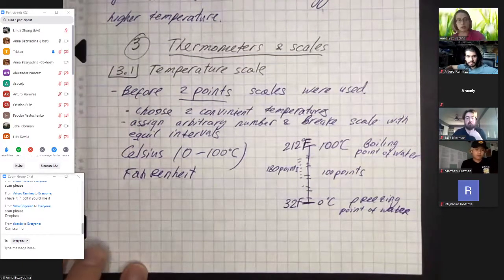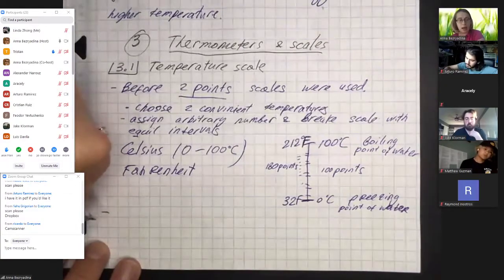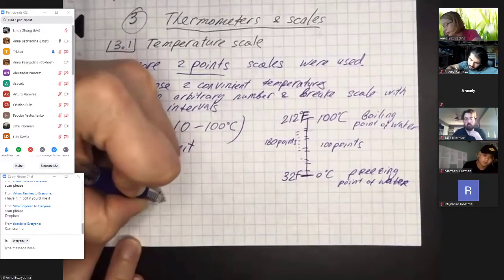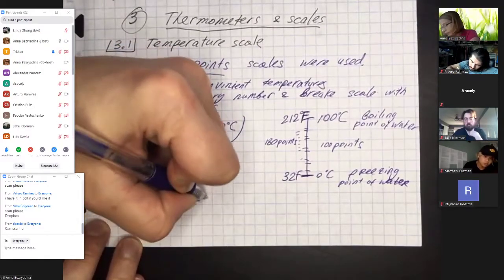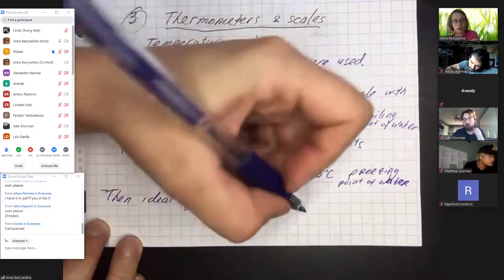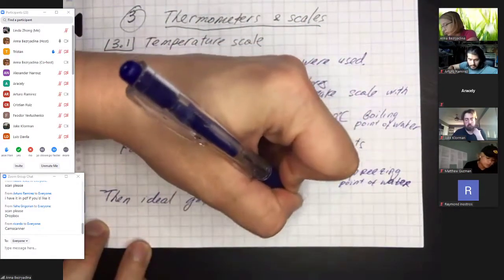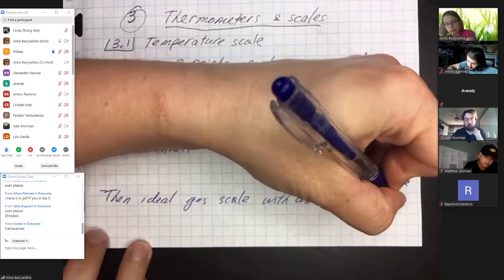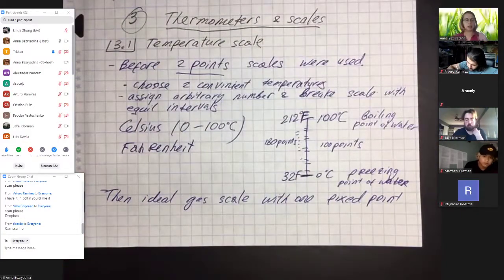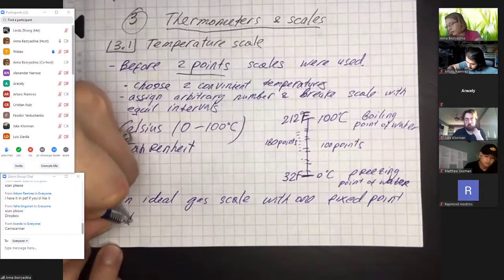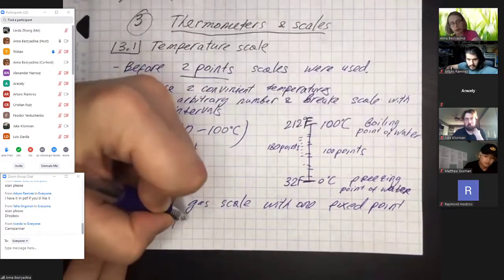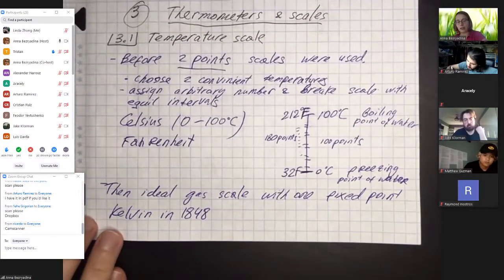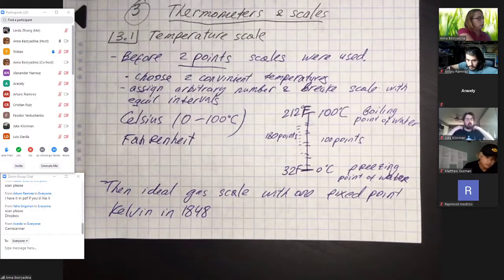Okay, so then we have the ideal gas scale with one fixed point, and it was introduced by Kelvin in 1848.